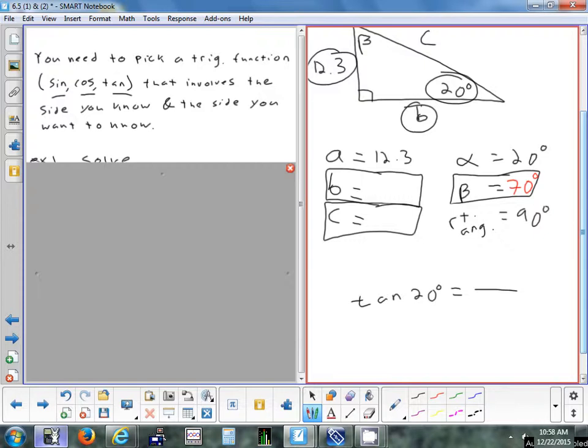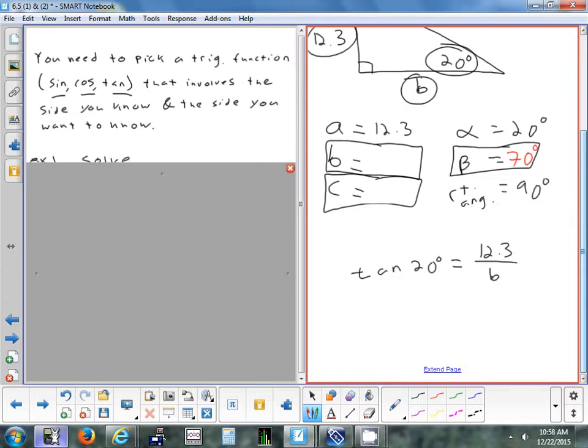Okay. What side is opposite? 12.3. And adjacent? B. Okay. Now we just solve that equation. Okay, our first step, we can multiply both sides by B, just to get rid of that fraction. And then we can finish by dividing by the tangent of 20.